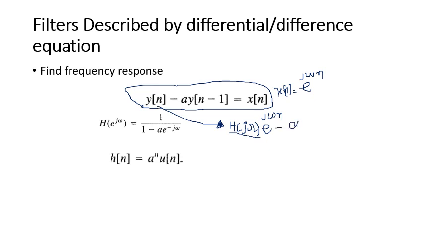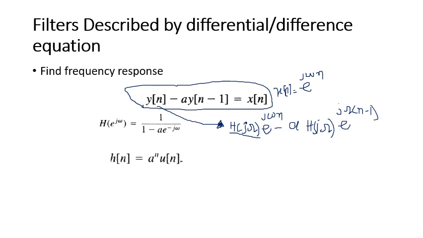So minus a times H of j omega, the same H of j omega, because the system has no effect on the frequency domain, so H of j omega is not affected, and then e power j omega n minus 1.